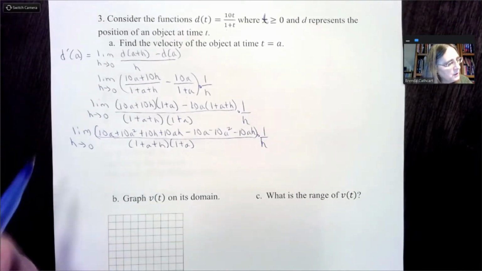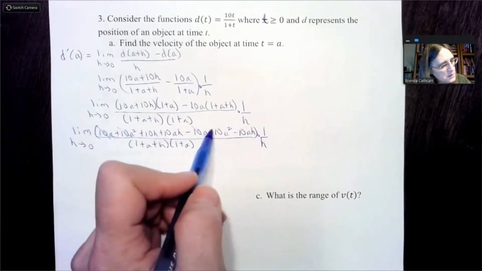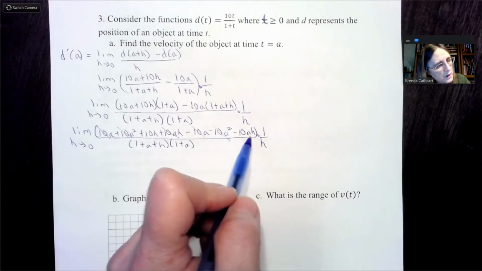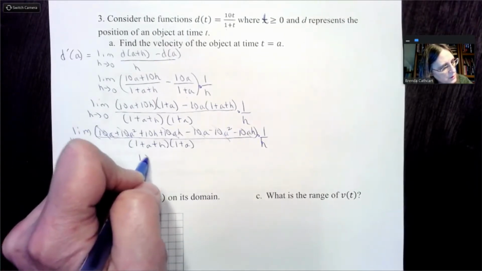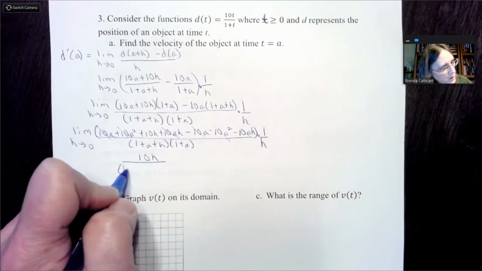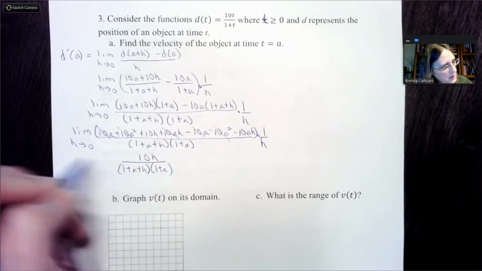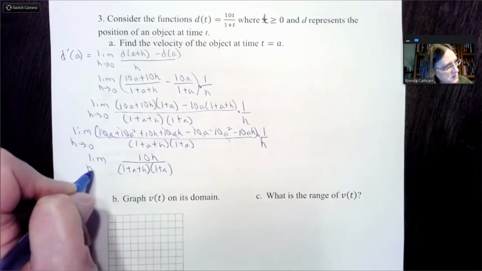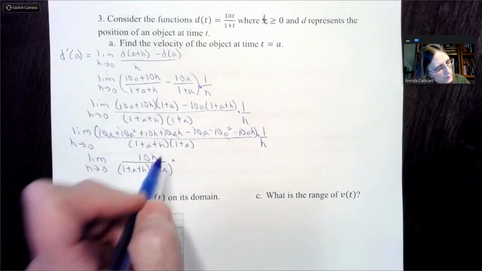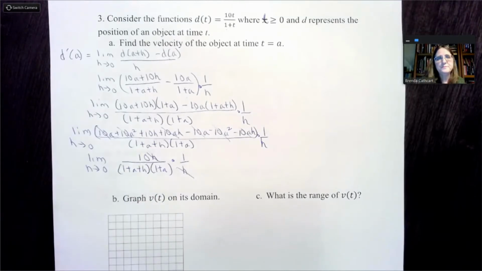Okay, combining like terms, we have 10a minus 10a add to 0, 10a squared minus 10a squared, and positive 10ah minus 10ah, leaving us with just the term 10h in our numerator, 1 plus a plus h times 1 plus a in our denominator. This is still the limit as h goes to 0, and we still have our factor 1 over h. The h's reduce.